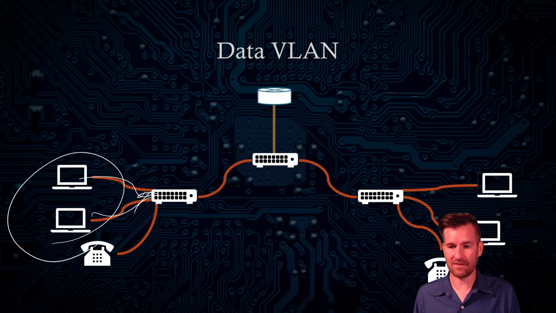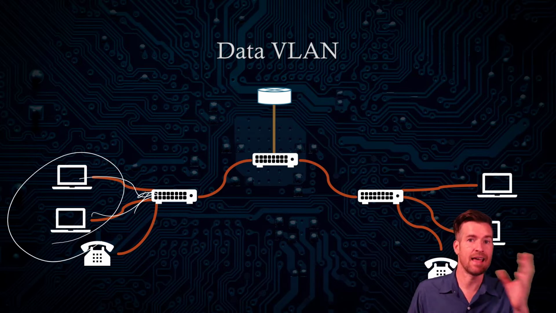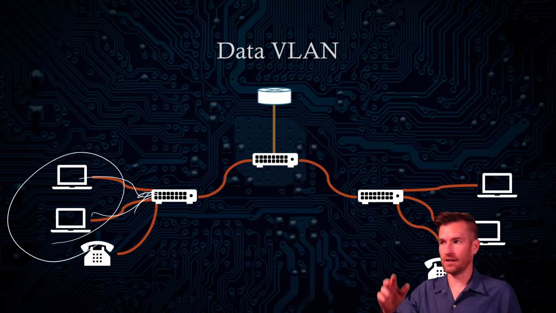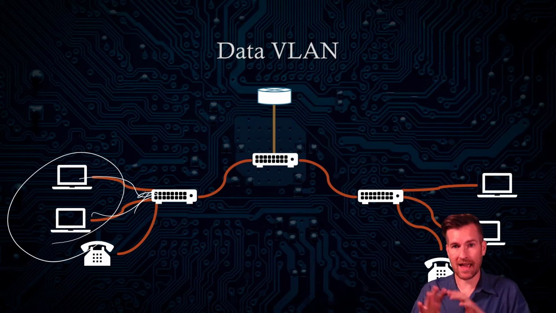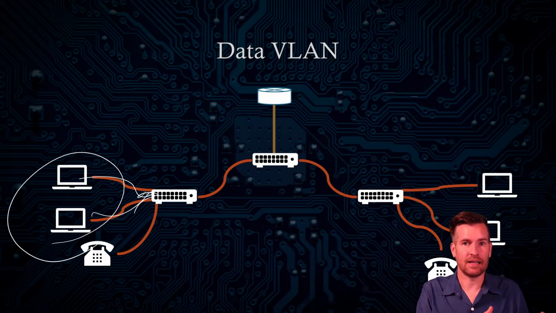We could have a data VLAN for our execs. We could have our data VLAN for, let's say we're at a school, staff members, administration, students. We'd have a VLAN set up for that to break that apart. Maybe we have one set up for wireless as well.